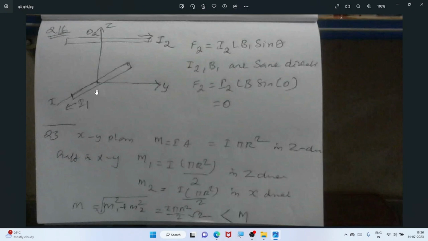So you can find out this direction. Because this is the same direction, the angle between these two is 0, then the force at this point is 0 due to this.